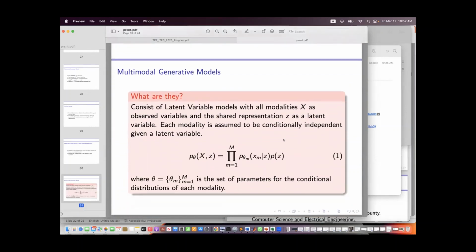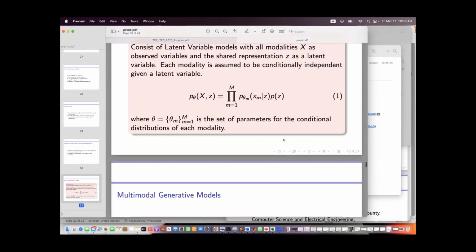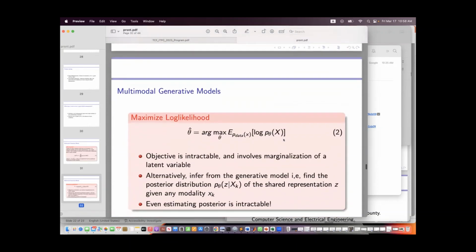Really, what you're trying to do is learn a probabilistic model, and for each of the different modalities, you come up with this latent variable model. From a statistical perspective, this means you come up with a model that has a whole lot of parameters in it, several thousands of parameters, and we try to learn them by a procedure known as maximum likelihood.